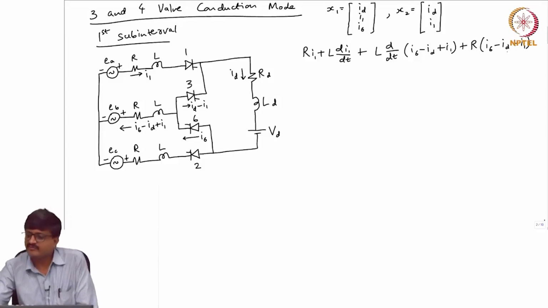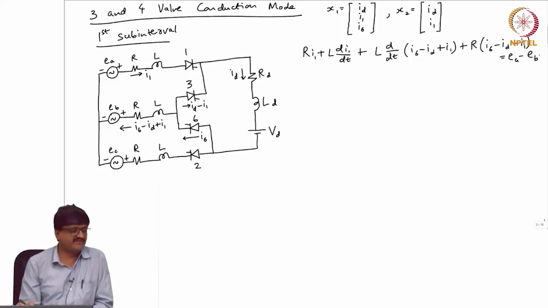So, this is equal to EA minus EB. That is the first equation.